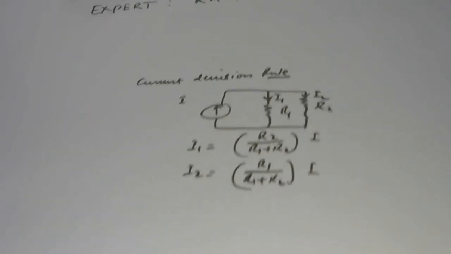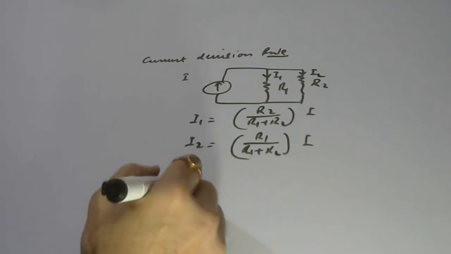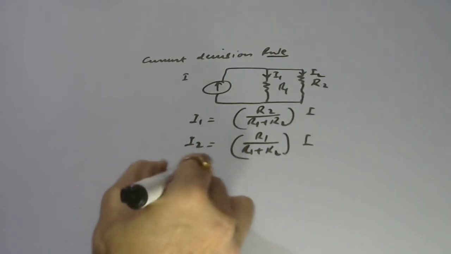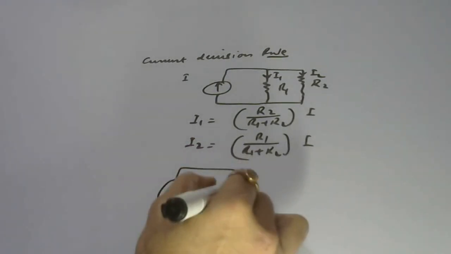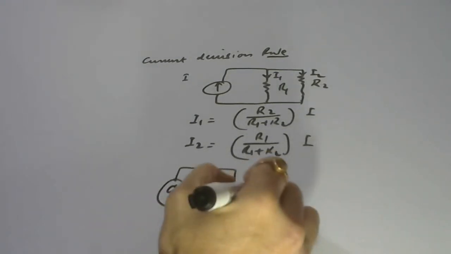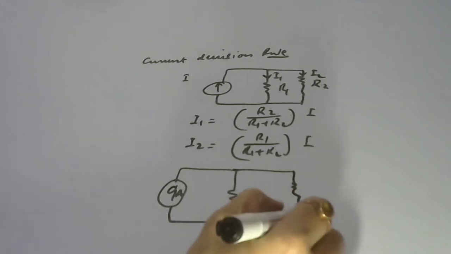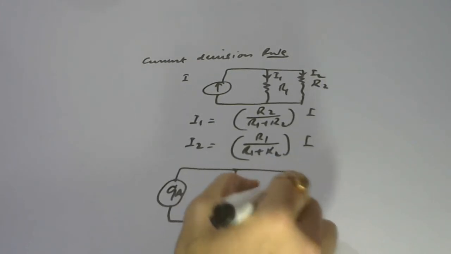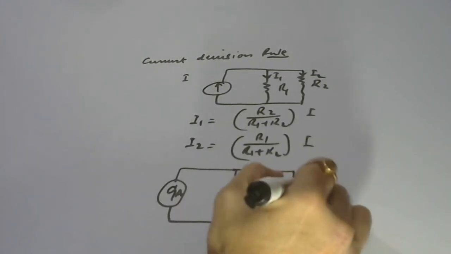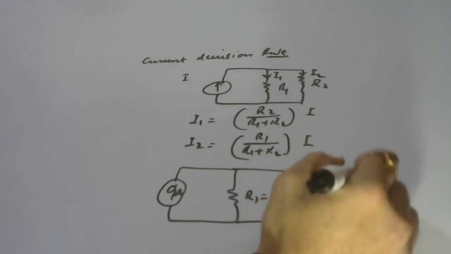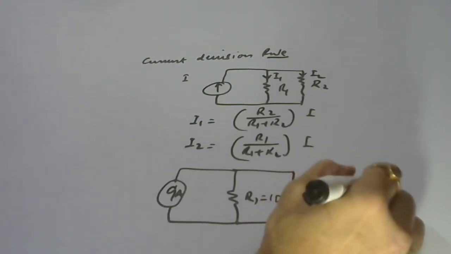We calculate one question here. Let us take 9 ampere current flowing through the circuit, and here two resistors are connected in parallel. This is R1 and R2. The value of R1 here is 10 ohm, R2 is 5 ohm.